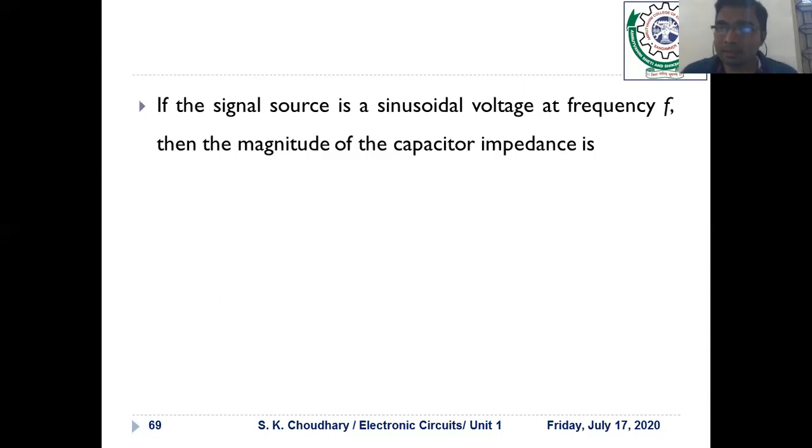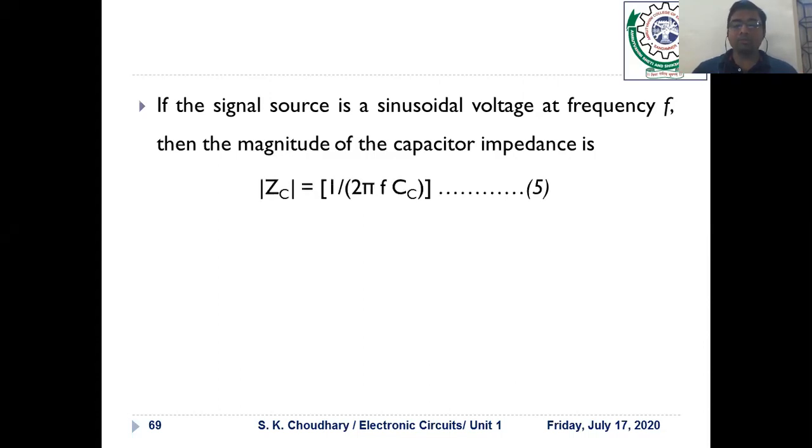We have already learned this. This is ZC or XC. XC is reactance, ZC is impedance. Either variable you can use, it is equal to 1 upon 2 pi FC. Here the coupling capacitor is CC, so it would be 2 pi F CC.